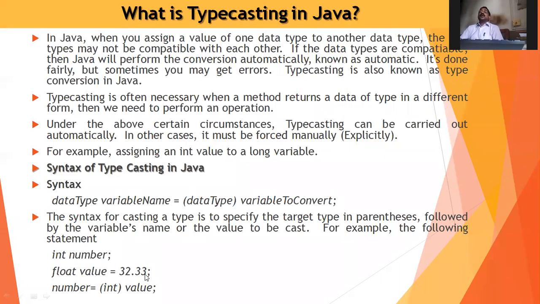So 32.33 is a floating point value, and this will be converted into an integer value. We are converting this value 32.33 into a number corresponding to an integer value. So this is a conversion, and it is also called typecasting.